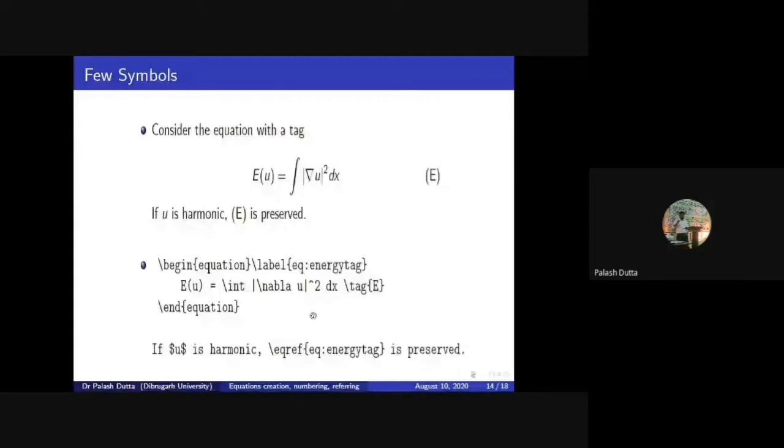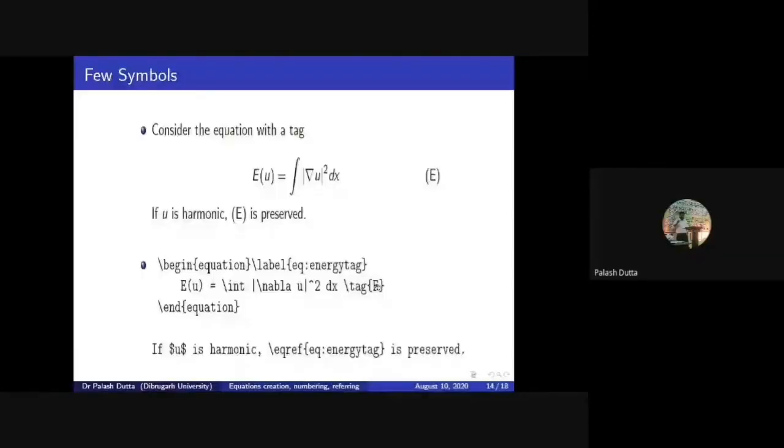This command will produce this statement. Remember, if we need some tag or a special character to express the equation, in such cases we have to write slash tag under brackets with your required character, right?